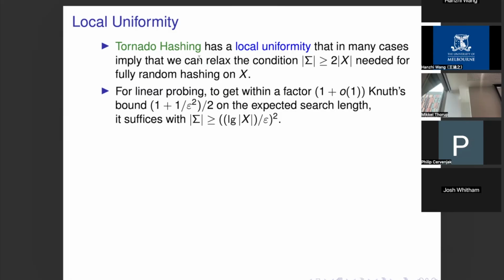And this local uniformity is good to think about in connection with linear probing, because the problem in linear probing is you have these runs of consecutive elements in your table. And it's very complicated what goes on there. And I don't want to analyze it, but my good friend Knuth did many years back. Well, good friend is maybe strong, but he did it many years back and he did very good research.